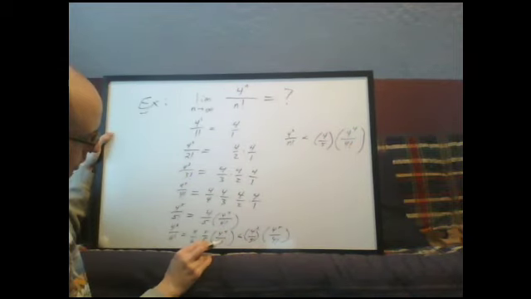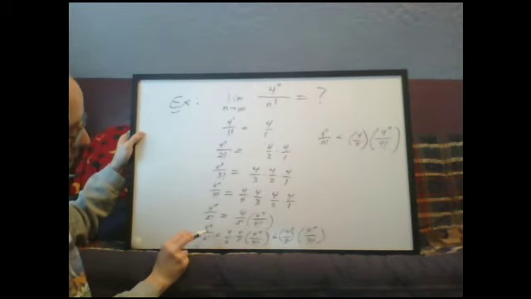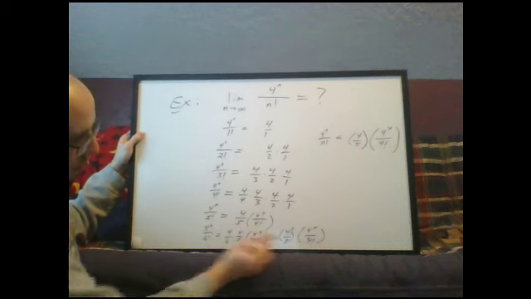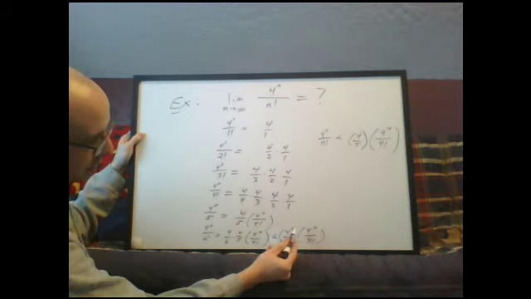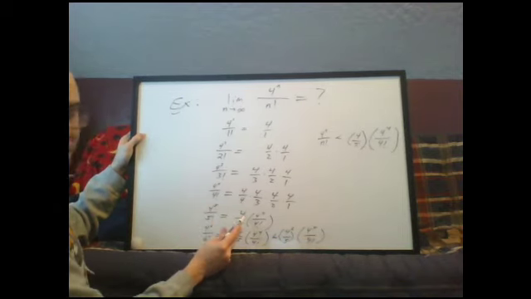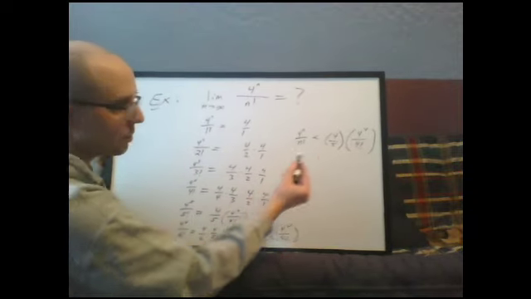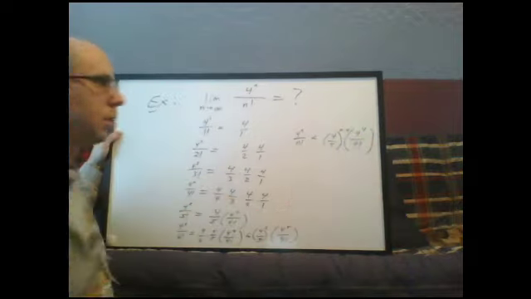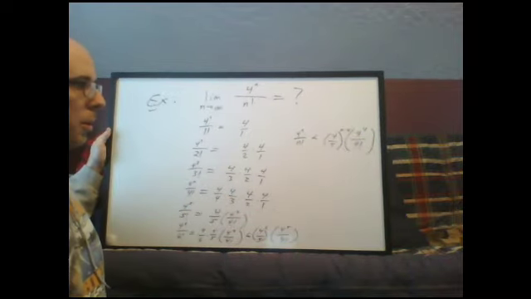Let's see what it is. This power here, we had 6 minus 4 gave us 2. Here we had 5 minus 4 gave us the first power. So in general, it's going to be n minus 4 as our exponent.